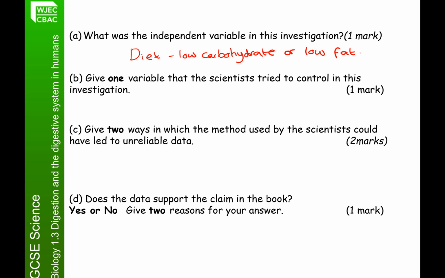Give one variable that the scientists tried to control in this investigation. So you've got a couple of options here. The best one you could give would be the number of calories.